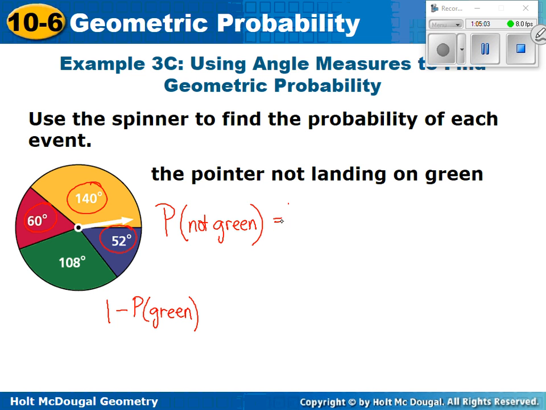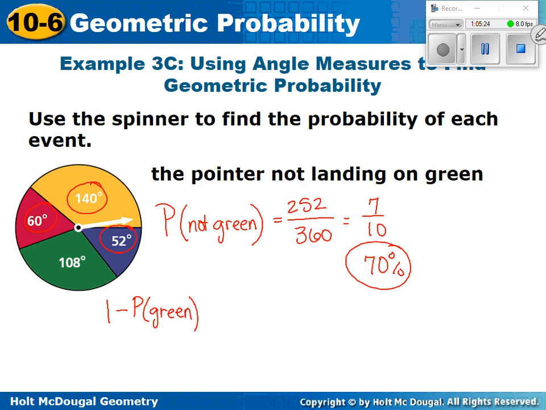So you could do 252 out of 360. What do you get if you do it that way? 7/10, or 70%.